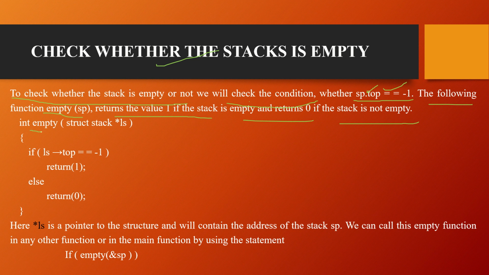So we have a function named empty which returns an integer value. We are passing the stack variable's address, which is of structure type, to ps. Now we are checking if ps->top is equal to -1. If ps->top is equal to -1, then we return 1, else we return 0.